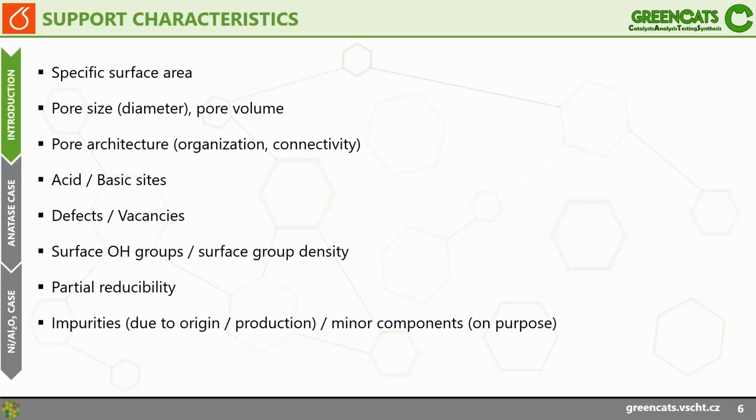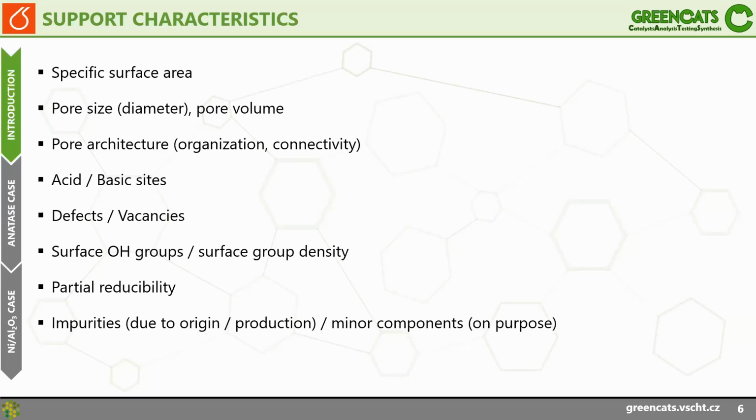So that's one part. Of course, none of these are perfect, so we have defects, vacancies, and so on. They again help us with adsorption. They also help us with anchoring our active species, let's say a metal, so they can play a role in the stability of those species, and also in preventing their sintering and so on.